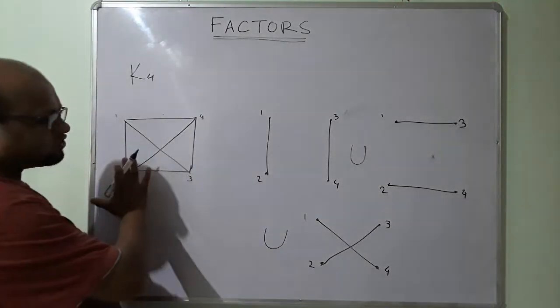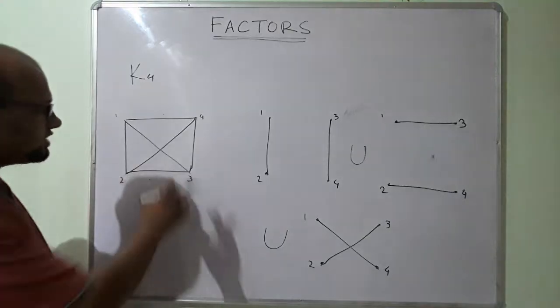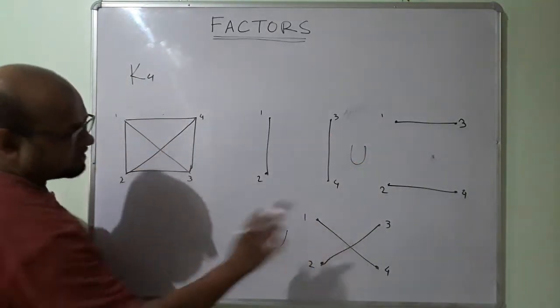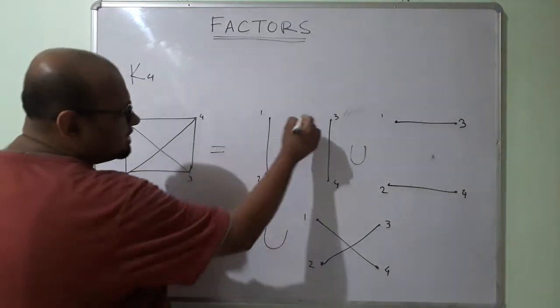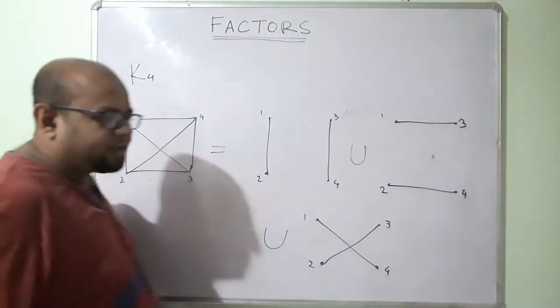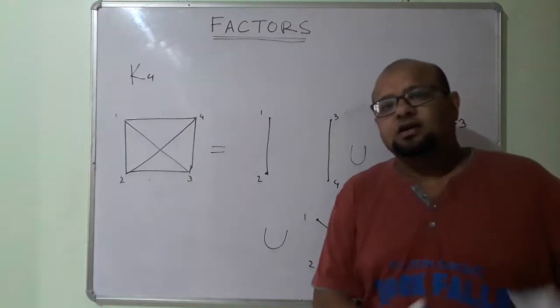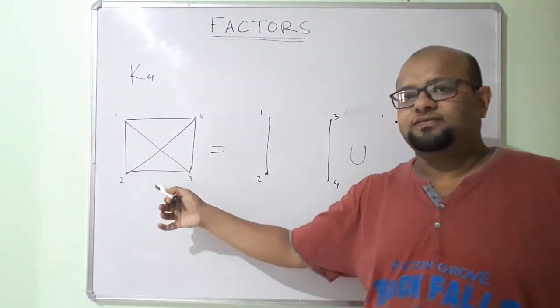Then all the edges will also go back: these two from here, these two from here, and these two from here. So when I union this one factor and this one factor, I get back my original graph. This is called a one factorization of this graph.